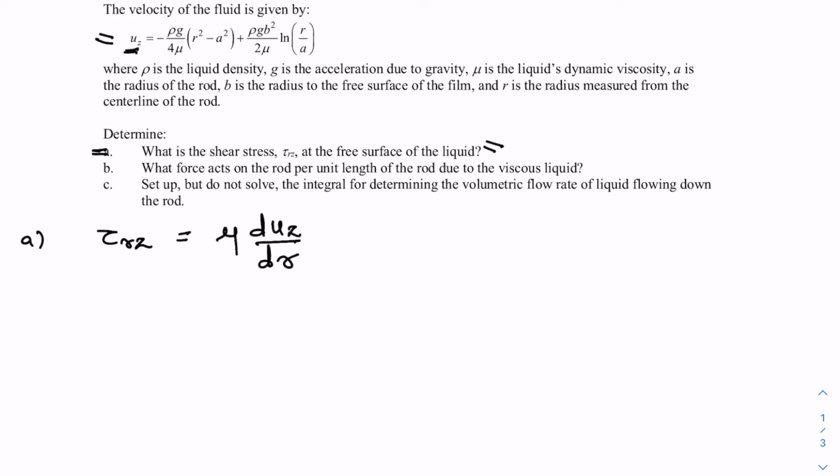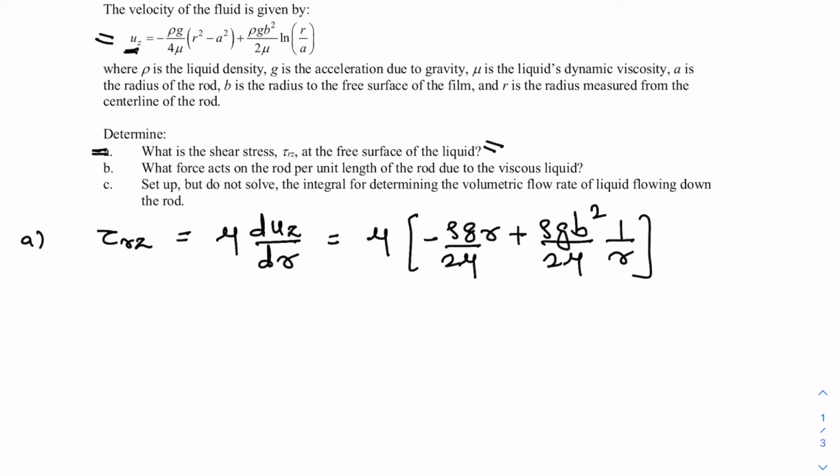If you find the derivative of z velocity, you will get tau rz equal to mu times minus rho g by 2 mu r plus rho g b square divided by 2 mu times 1 by r. This is the shear stress acting on the fluid element.